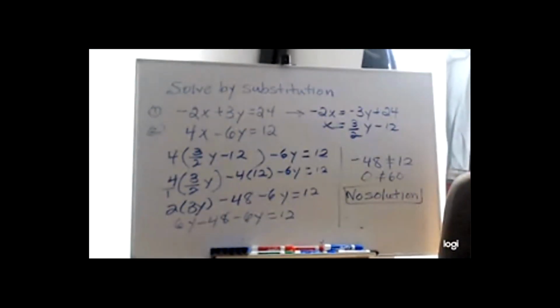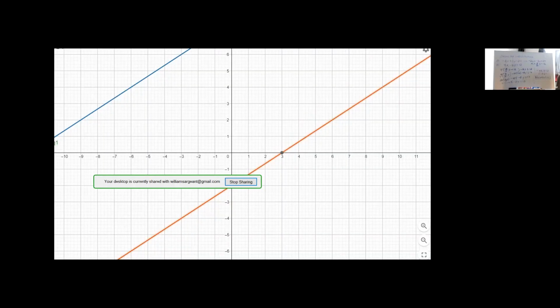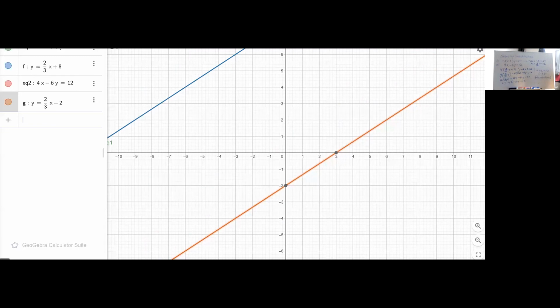I'm going to solve both of those for y so that I could get slope-intercept and graph those. All right, so on that first one, I add 2x to both sides, and then I divide everything on both sides by 3 so that I get y equals 2/3 x plus 8.